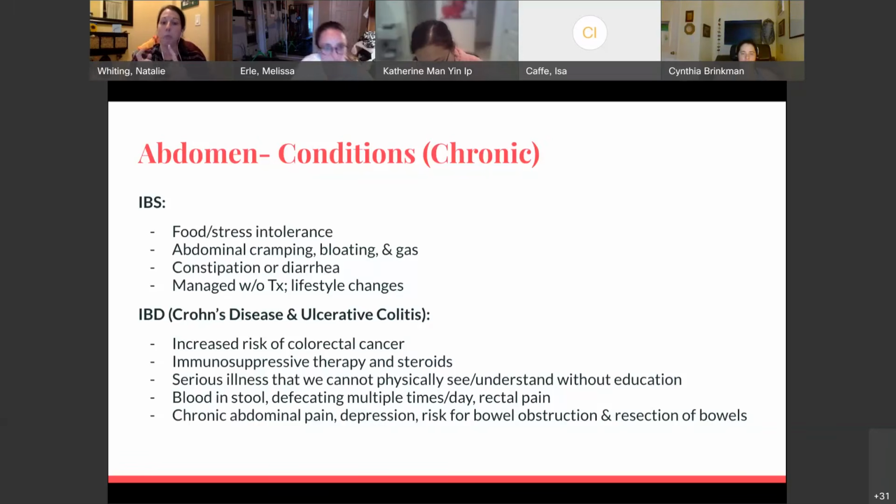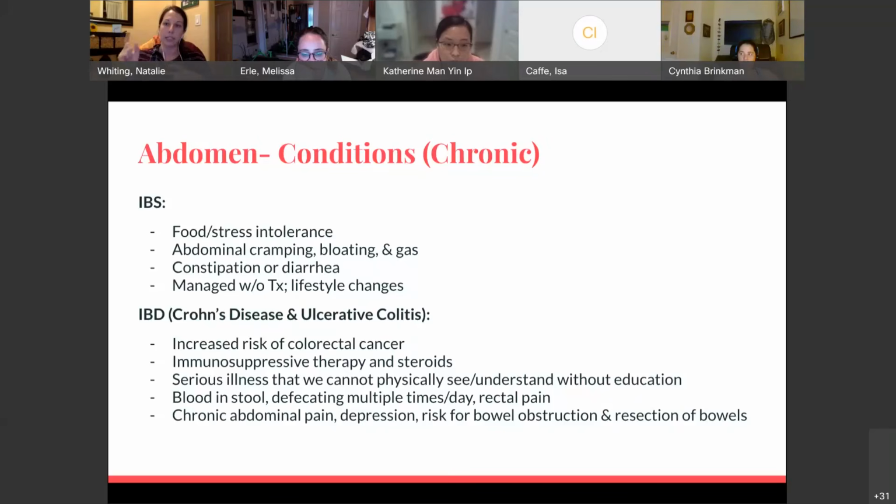They may have blood in stool. They may defecate multiple times a day. They may have rectal pain. They have chronic abdominal pain. They may have depression, risk for bowel obstruction, and they may need resection of the bowels. Those are all common things that they may need.